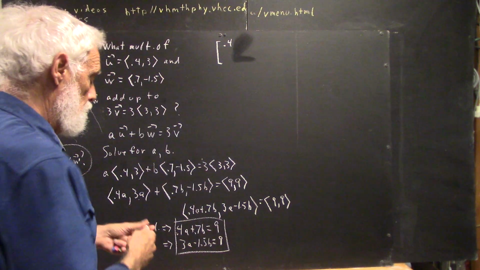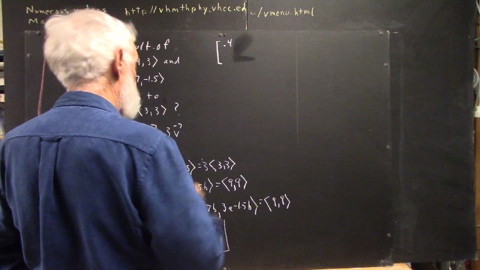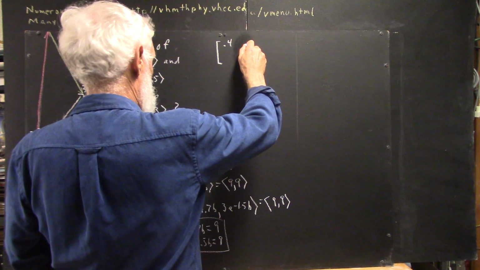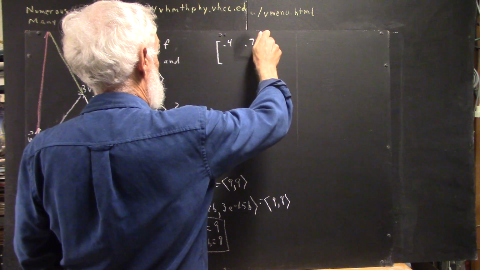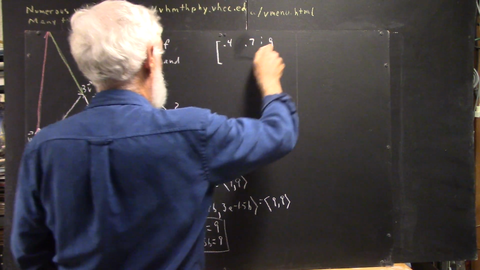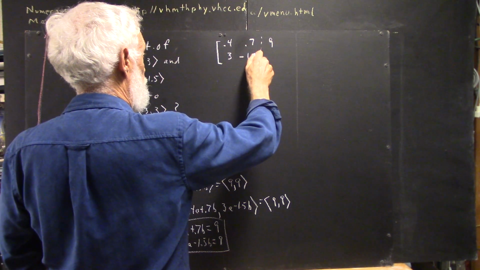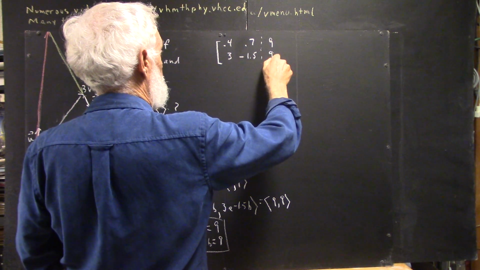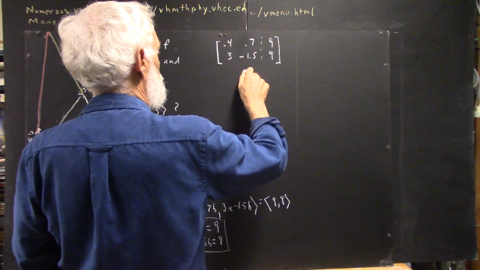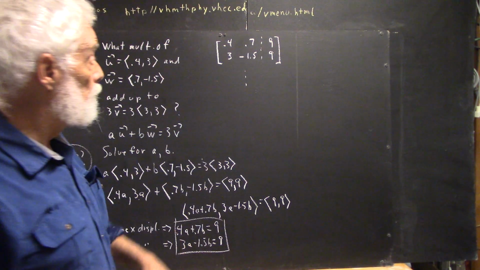Okay, so we have 0.4, 0.7, 9. We have 3, negative 1.5, 9. And we can reduce that matrix.